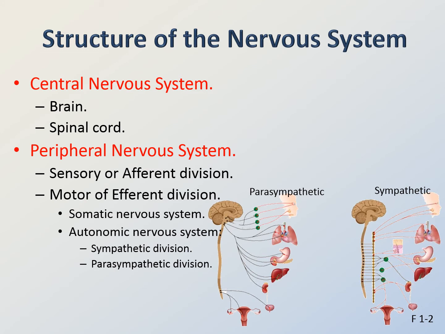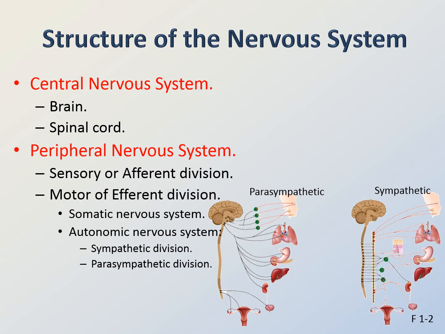The autonomic nervous system is further divided into sympathetic and parasympathetic, as well as the enteric nervous system. The sympathetic nervous system is responsible for making the body react fast under emergency situations. It's associated with the fight or flight reaction.